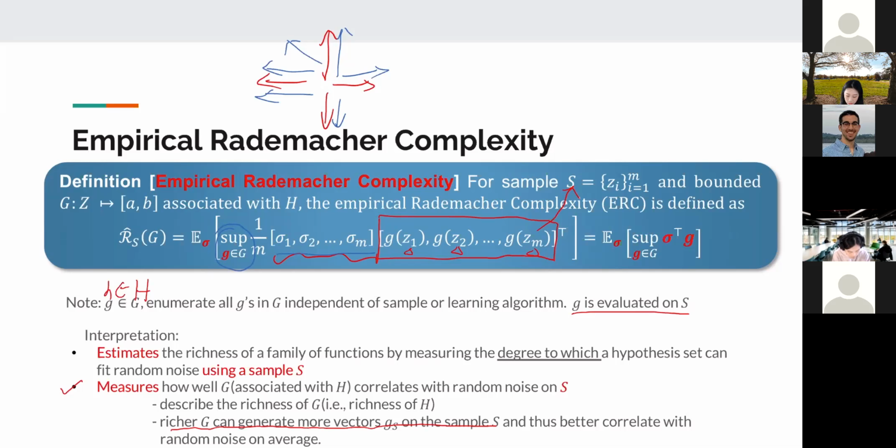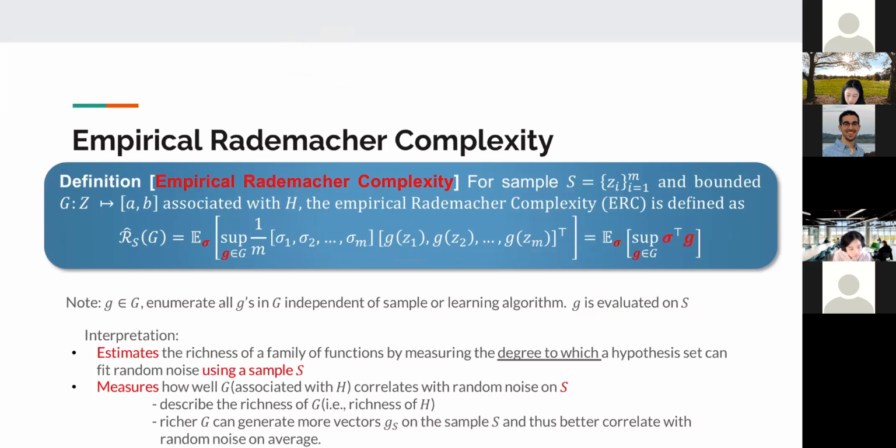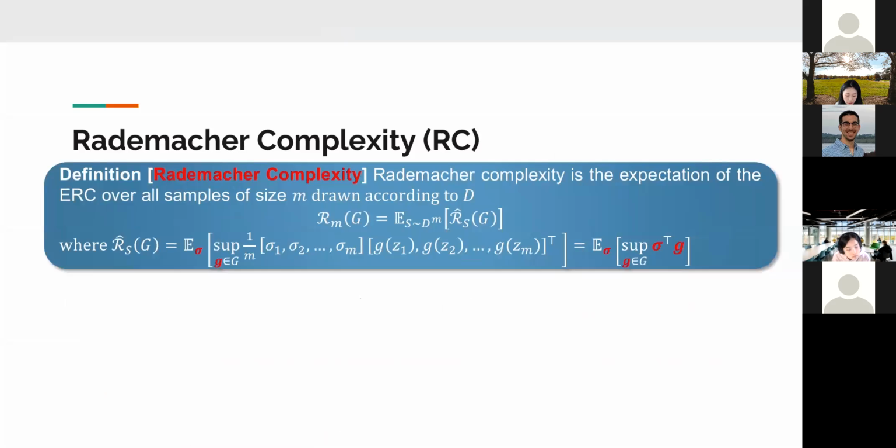I hope this is clear. Now we understand the empirical Rademacher complexity. The Rademacher complexity is very simply defined on top of the empirical Rademacher complexity. The Rademacher complexity is not dependent on a specific sample; it takes the expectation over the sample.